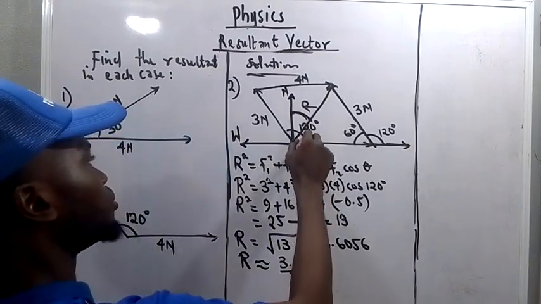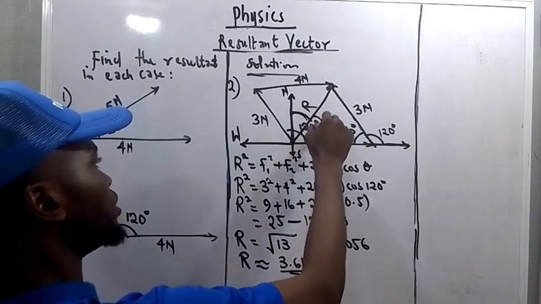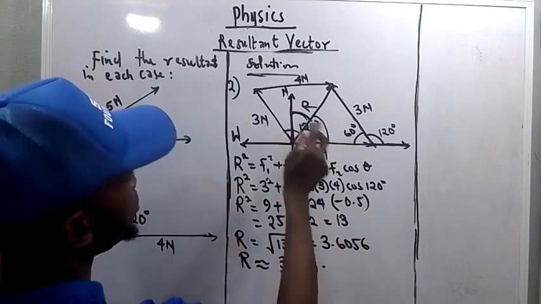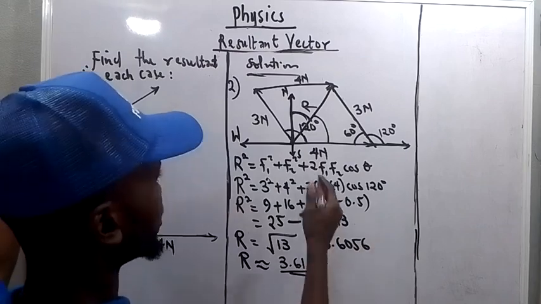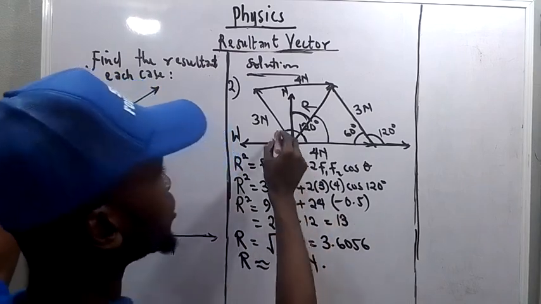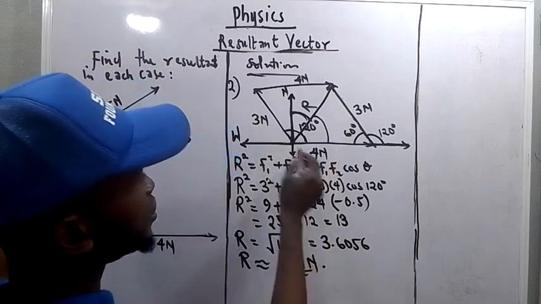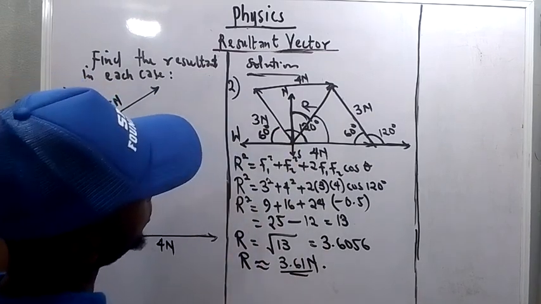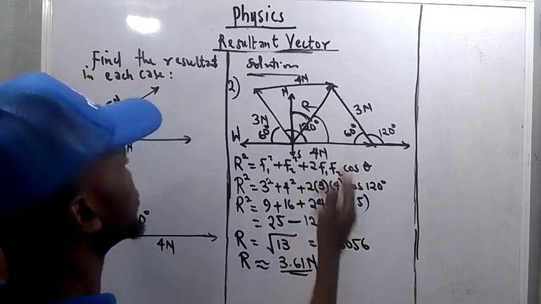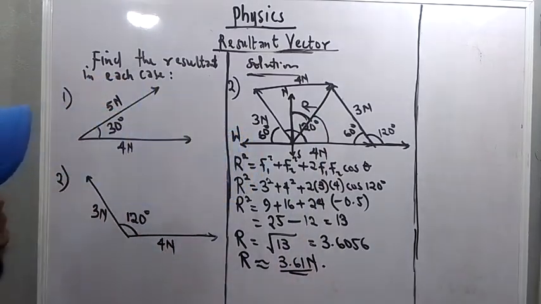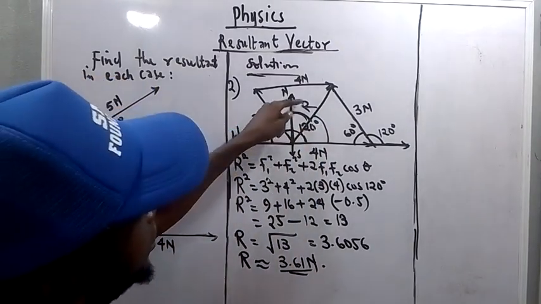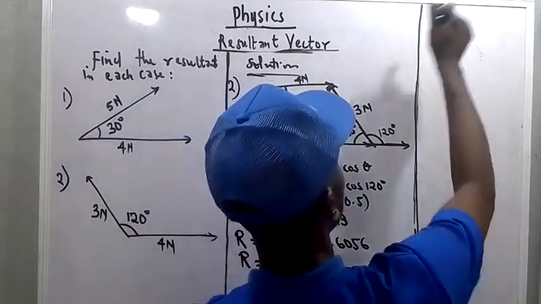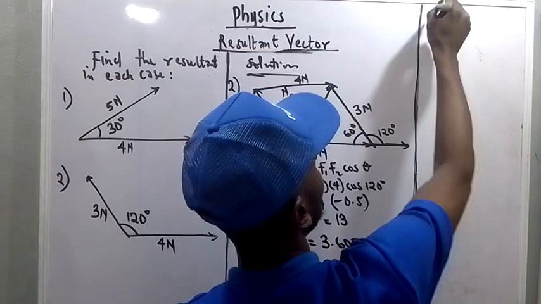What I will do is first calculate the angle here. Once I know the angle here, the angle here will also be 60 degrees. The angle here will also be 60 degrees. So if I know the angle here, I can know the remaining angle here. So it's easy. Now, I don't even need this part.